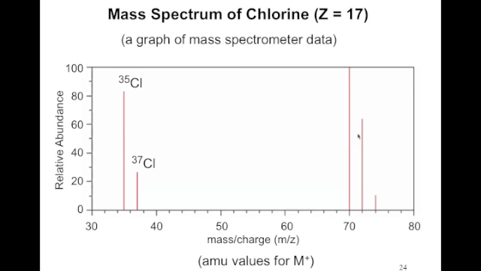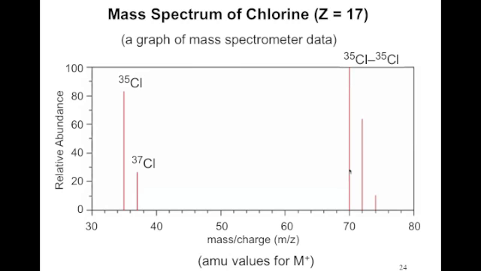Now, what about these other 3 peaks? Well, they're much higher. The next peak is at a mass to charge ratio of 70. Well, if you take 2 chlorine-35 isotopes and you add them together, you get 70. So this corresponds to the molecular ion. This is a Cl2 molecule with 1 electron removed, right? The atomic mass is 70.